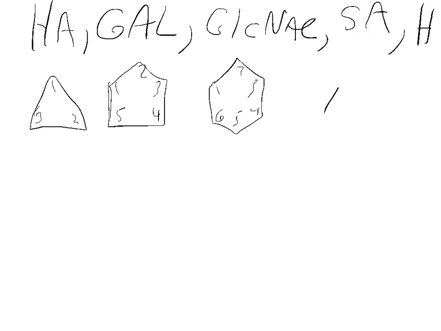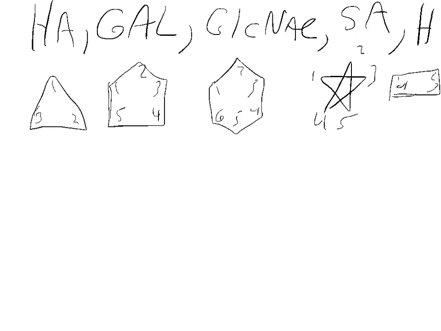Sialic acid we're going to make into a star. Carbon 1, 2, 3, 4, 5. And heparin, we're going to make that be a big giant rectangle. So here we have carbon 1, 2, 3, and 4.